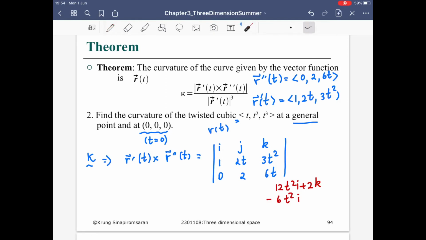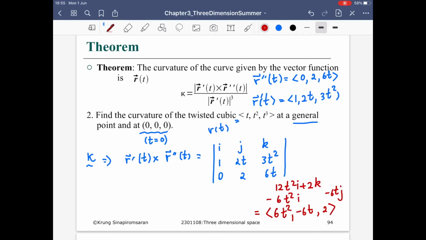And then the last one, it is 6t and j, so you got a negative 6tj. So you add them up, you got 6t squared, negative 6t, and 2 for the k.